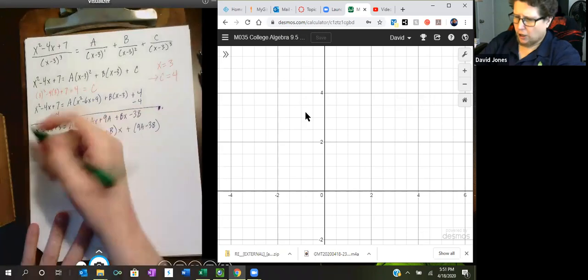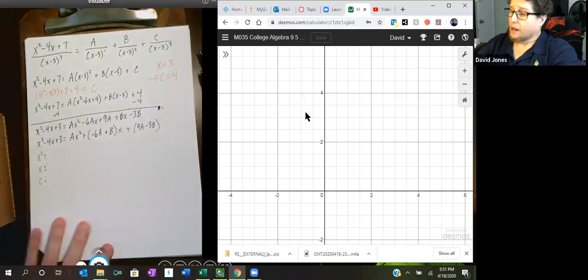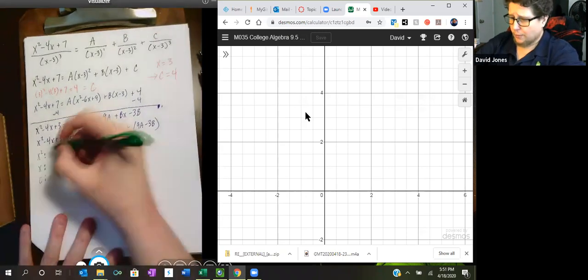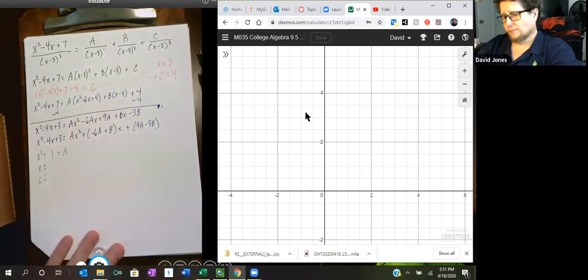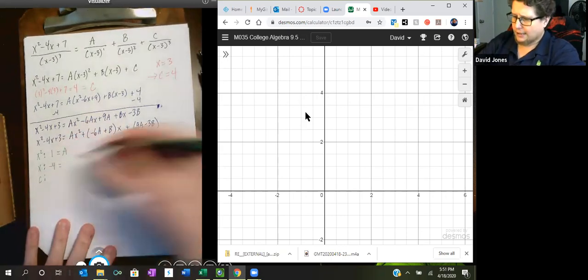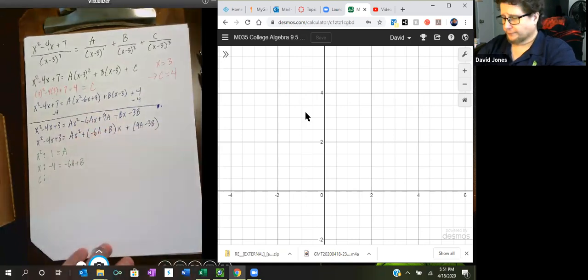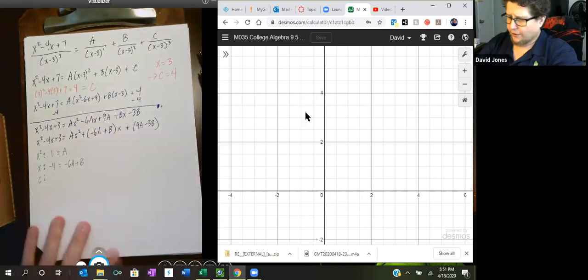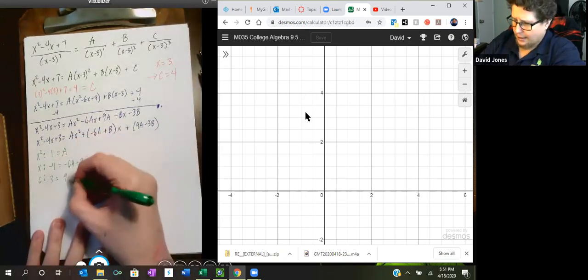So now we'll look at our terms. We got x squared, x, and the constant. On the left side, we have 1. On the right side, we have A. For the x term, we've got negative 4 on the left. On the right side, we have negative 6A plus B. And for the constant, we have 3 equals 9A minus 3B.